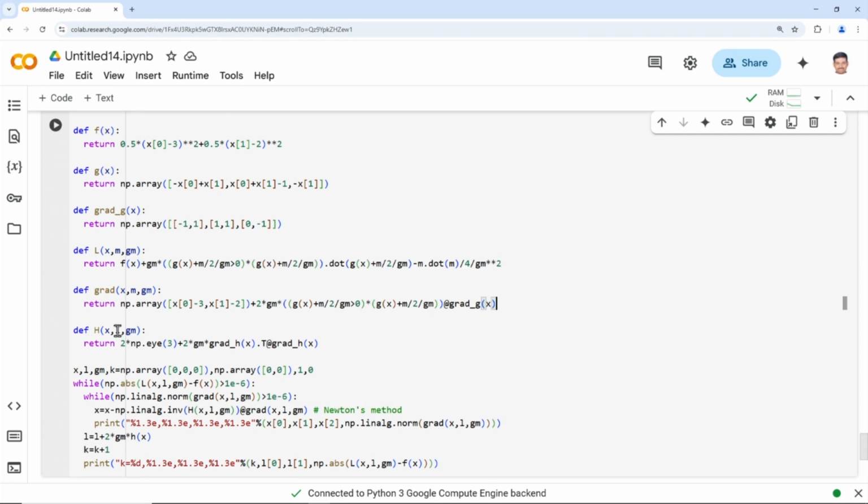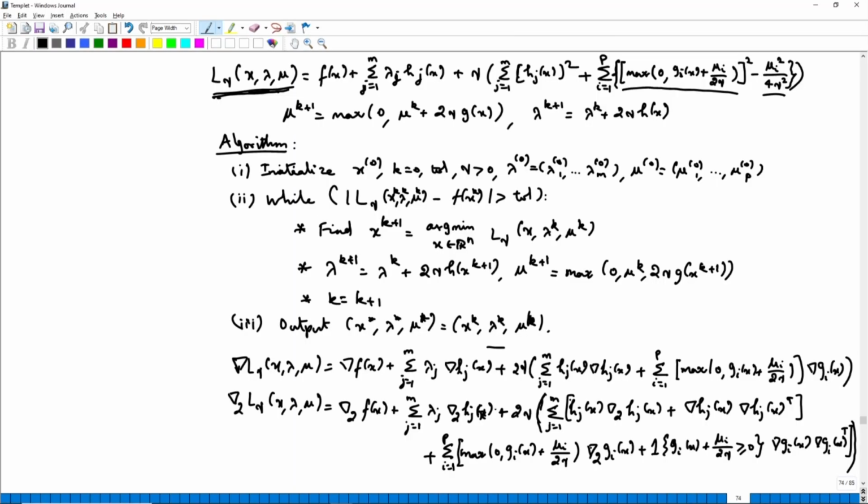Okay, and so for the Hessian, the Hessian of f is the identity matrix I of 2, and here again we will have to write down all of this. So h can be scored out because we do not have equality constraints, and similarly the Hessian of g_i can also be scored out because the constraints are linear.